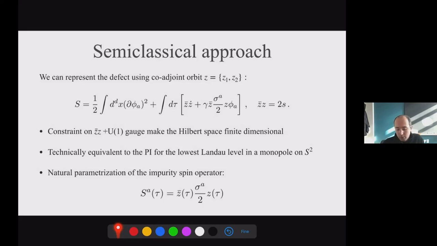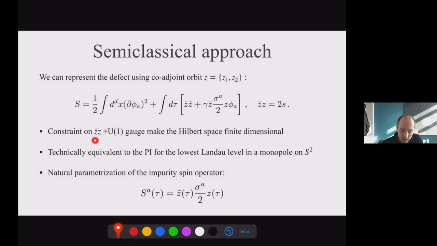So the idea is that you can represent the defect, the quantum mechanics of the defect, by using some action. There are many possibilities, but a simple one is to use a bosonic bispinor Z, which is constrained and has a U1 gauge symmetry, whose kinetic term is Z bar Z dot. This has a U1 gauge symmetry because if you make a U1 shift, you get a constant times a total derivative.